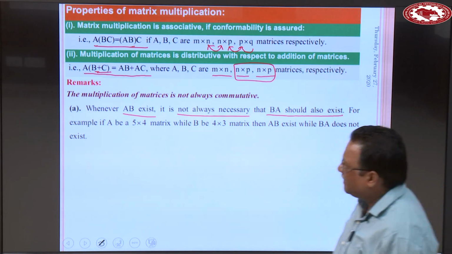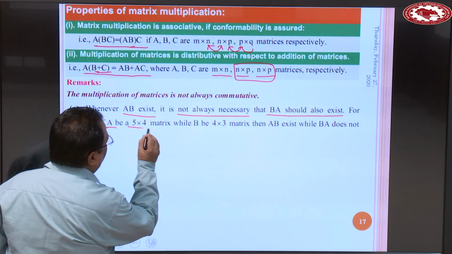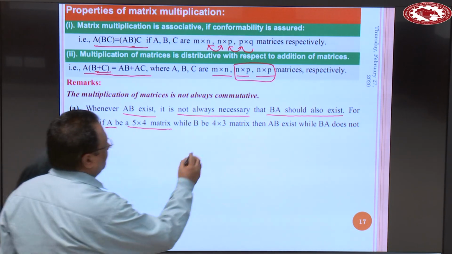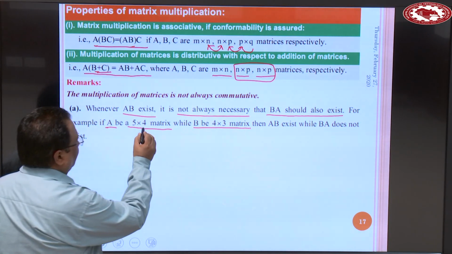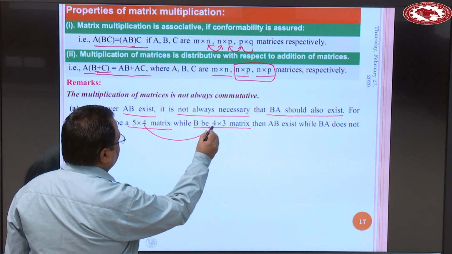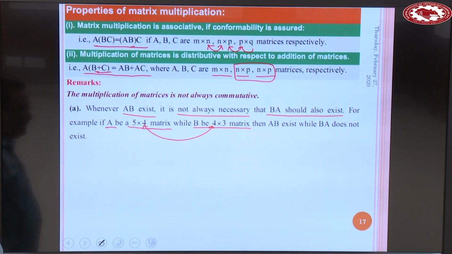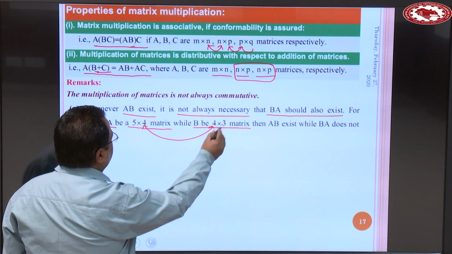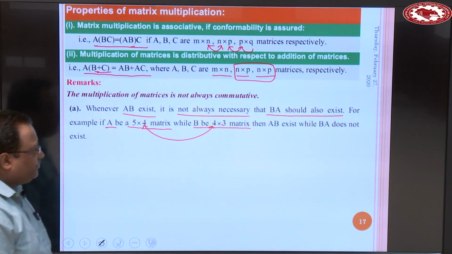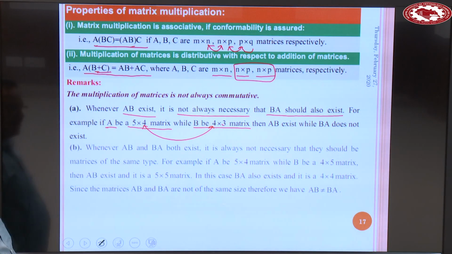For example, if A is a 5 by 4 matrix while B is a 4 by 3 matrix, then AB exists, because this 4 is equal to this 4, while BA does not exist, because this 3 is not equal to this 5. So in this case AB exists while BA does not exist.